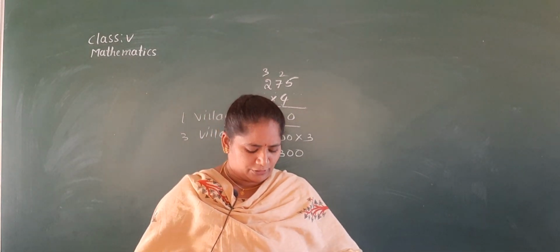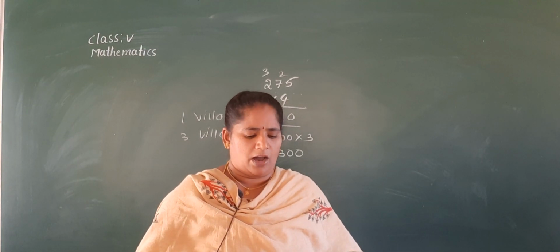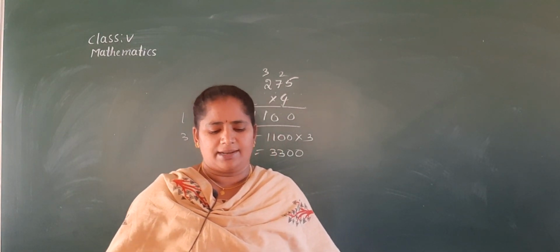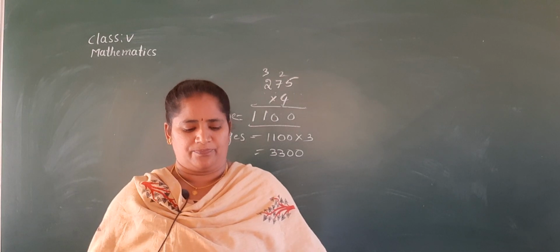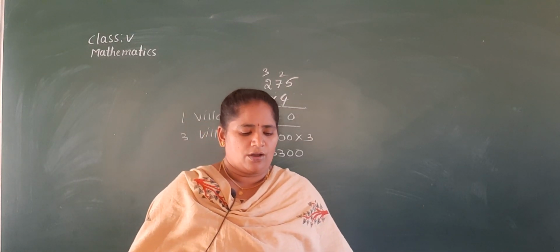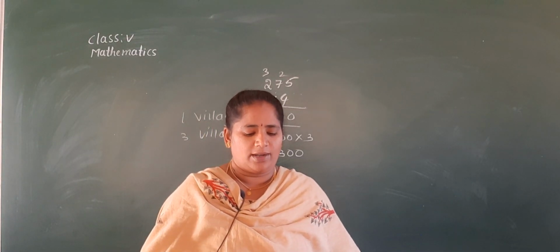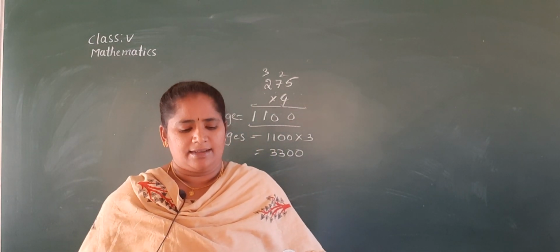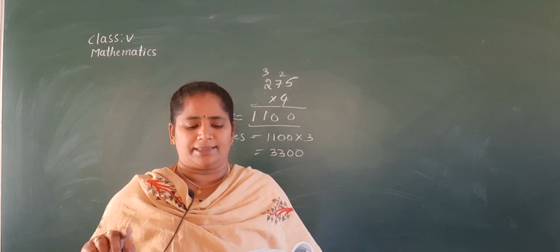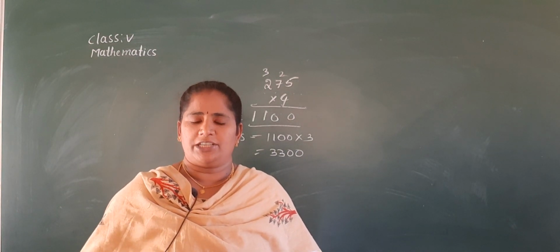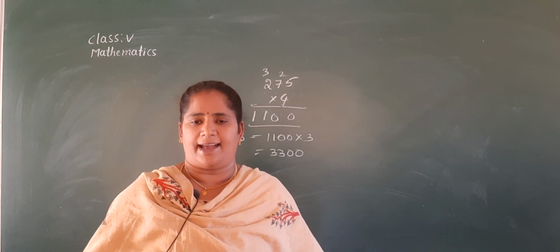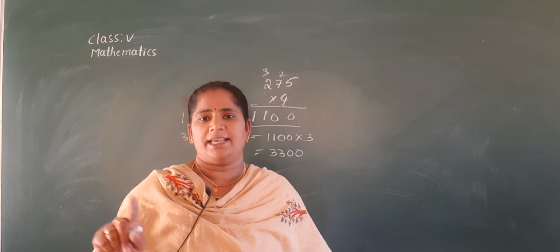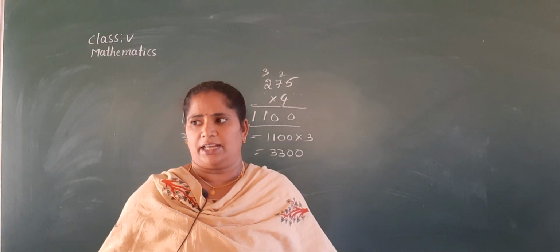Okay, and see the fourth one children. Seema bought 4 books at 135 rupees each and 6 pens at 24 rupees each. What is the total amount she spent? Can you say the answer? How much amount was spent on books? Each means one book costs 135 rupees.